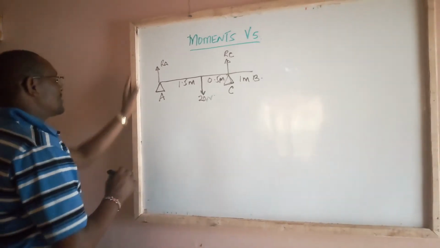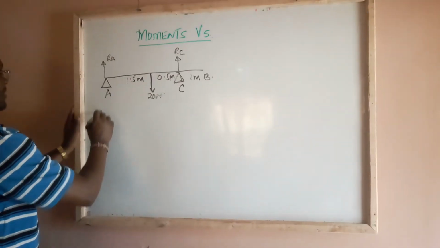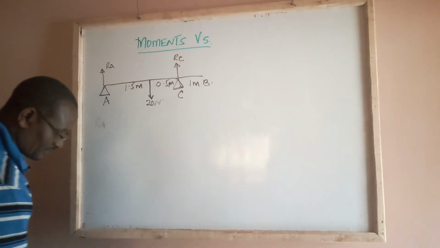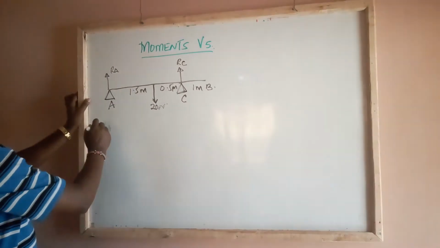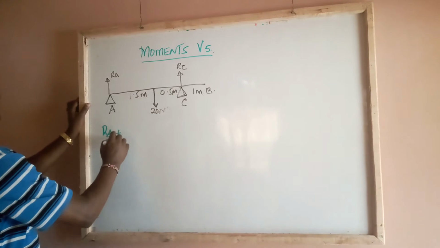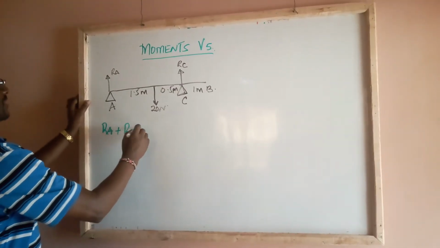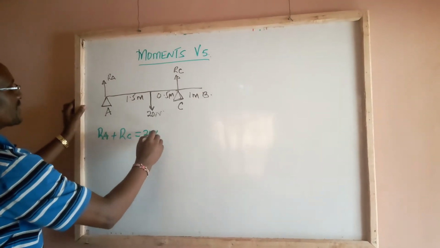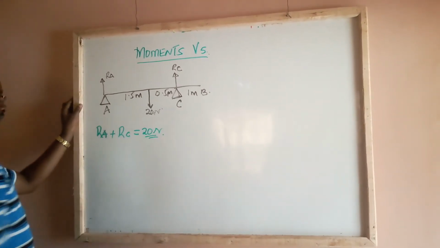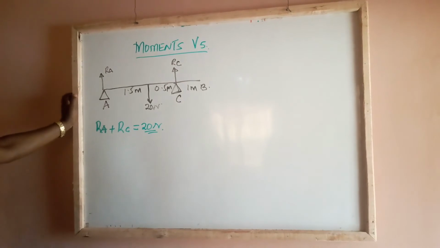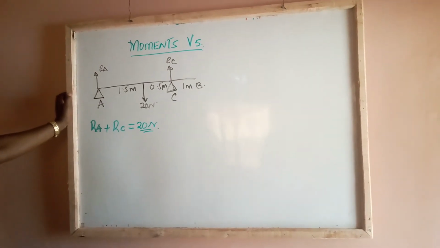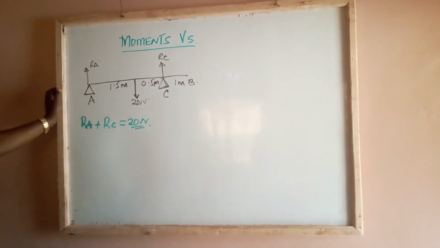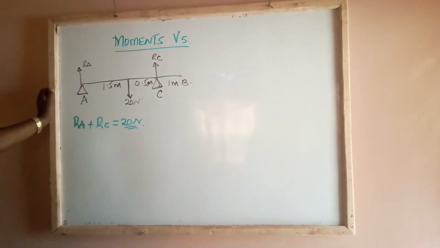With that knowledge, of course, we know the reaction at A, RA, plus the reaction at C will always give us the total downward force, which is 20 newtons. Having understood that, then we need to get the moment about either point A or point C. Let us take our point A to be the fulcrum.